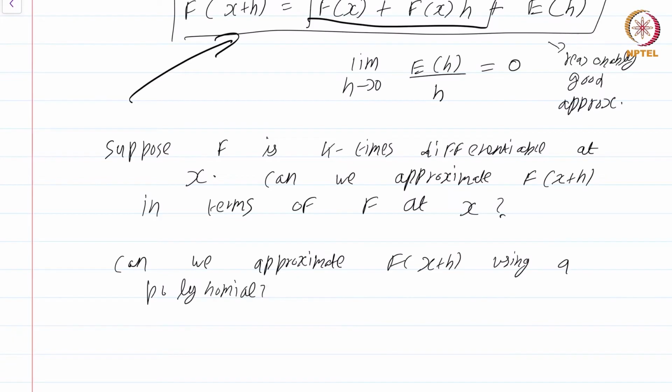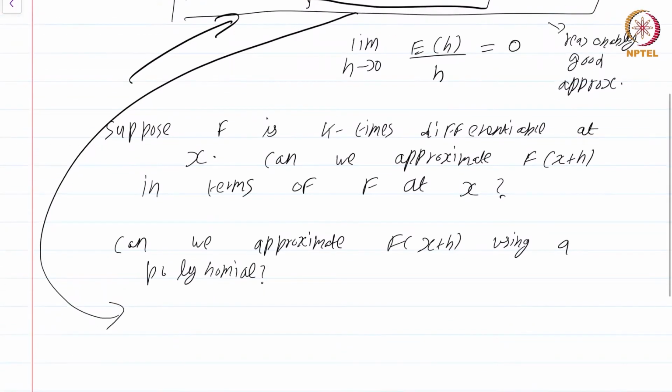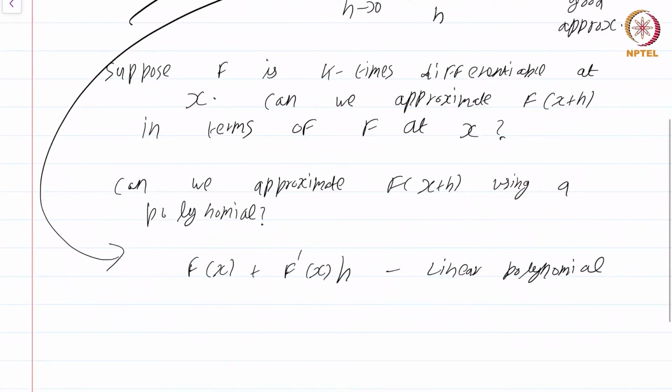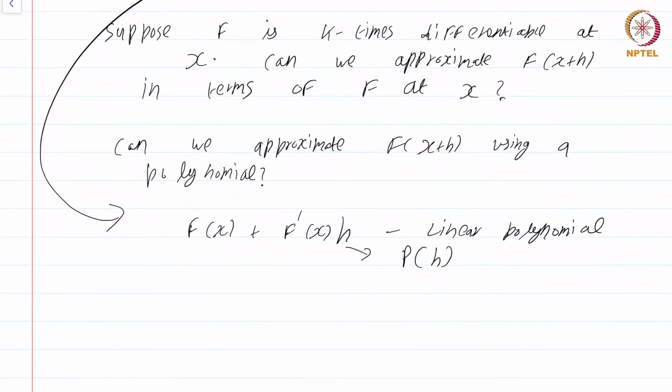Note that the polynomial that we have considered before is f of x plus f prime of x times h. This is a linear polynomial, a polynomial of degree 1. Not only is it a polynomial of degree 1, it's a special polynomial. So note this is treated as a polynomial in h. Of course, it's not a polynomial in x. x has been fixed.